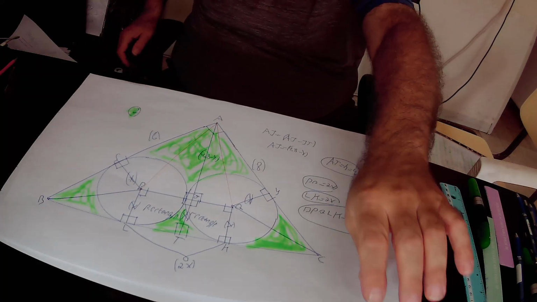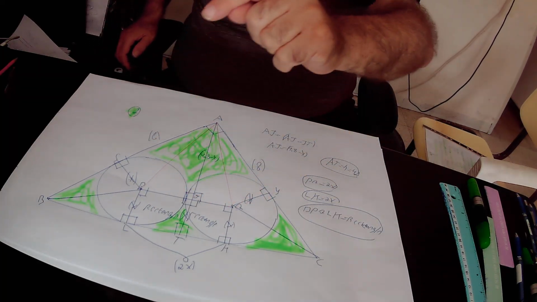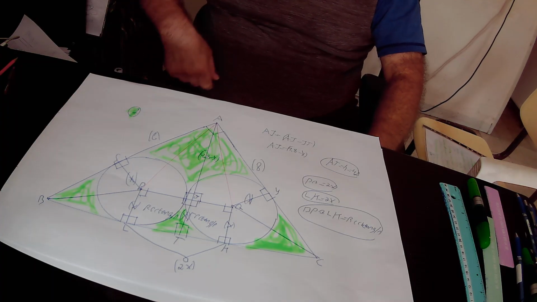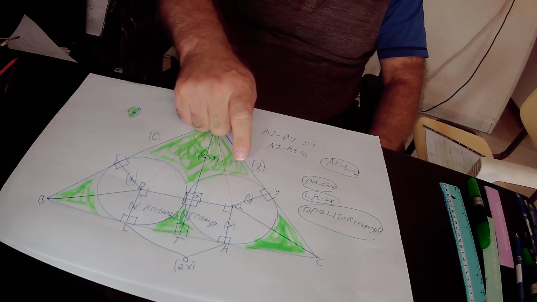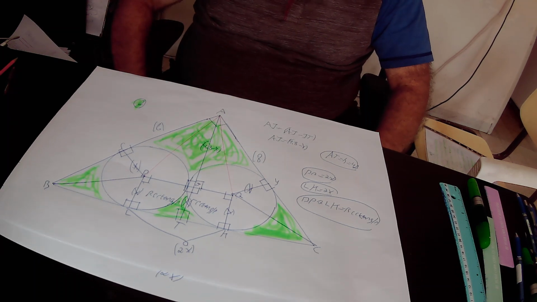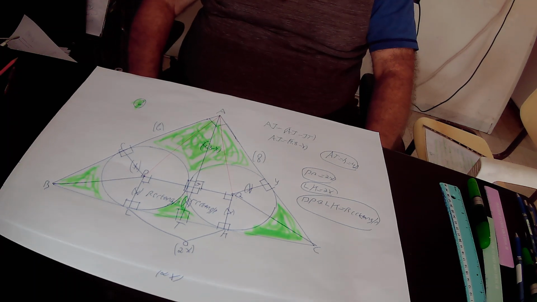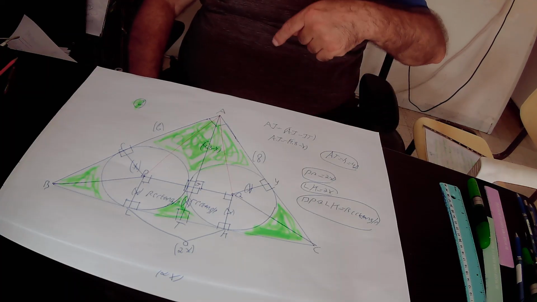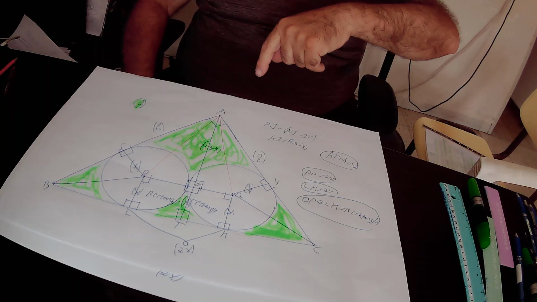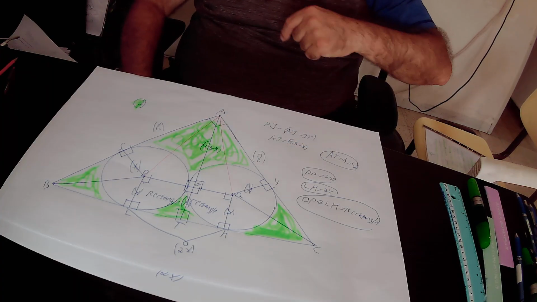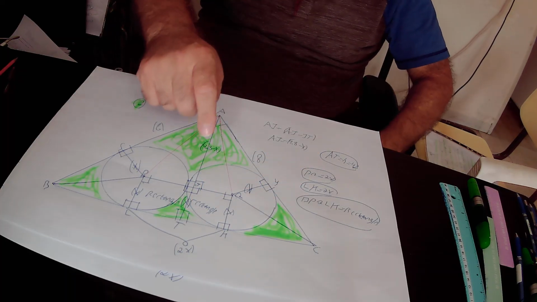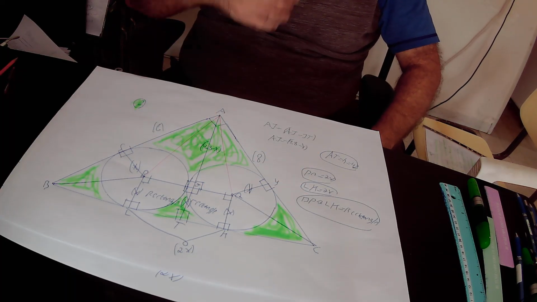So this is rectangle PQKL, according to the original drawing. Know that PQ equals LK equals 2X, and we constructed the height to the base BC from the vertex A. So AT is the height to the base, therefore this angle equals 90 degrees, and this angle also equals 90 degrees, according to our construction.